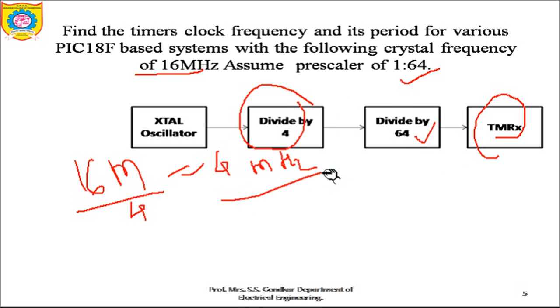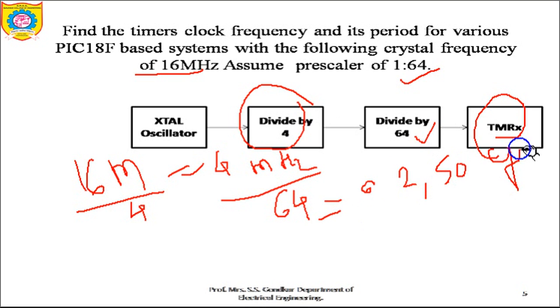So dividing this 4 megahertz by 64, we will get 62,500 hertz, which is almost equal to 62.5 kilohertz. Why are we getting this value? This is just because of the prescaler.